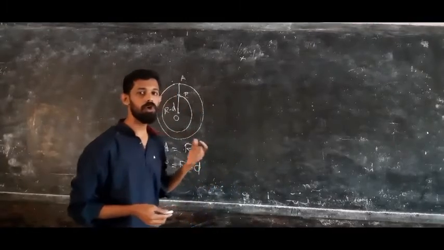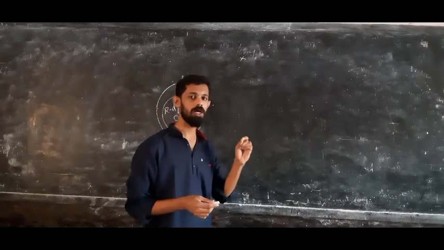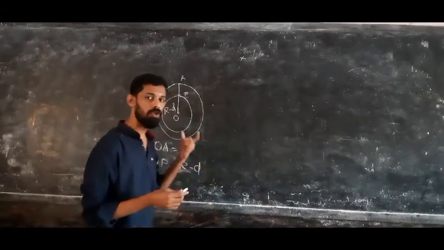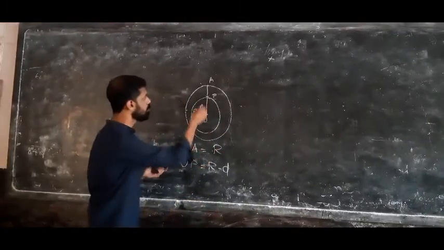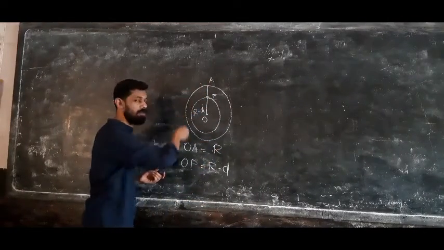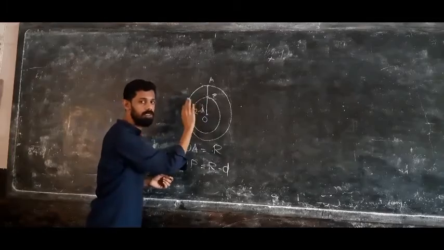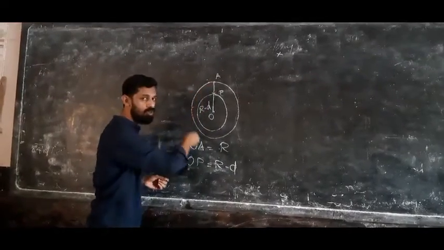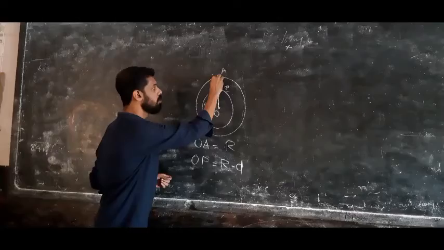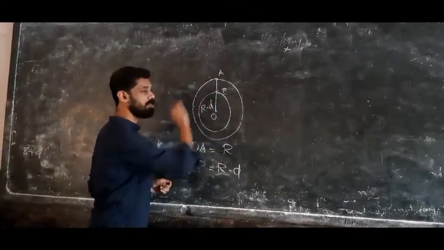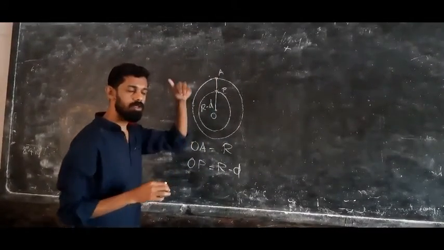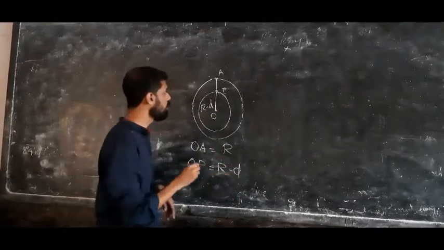Now we are going to treat Earth as a sphere with uniform density. It's a sphere which is representing our Earth, the outer one. Consider one object at the position A. It is moving towards the center of the Earth.